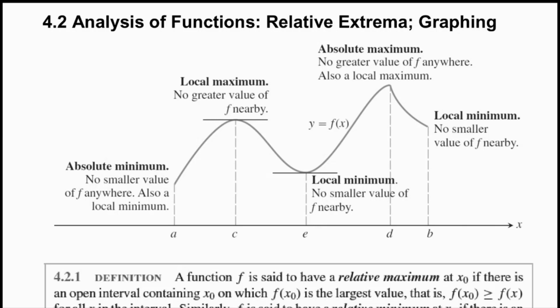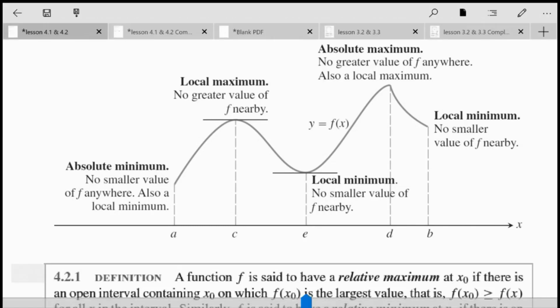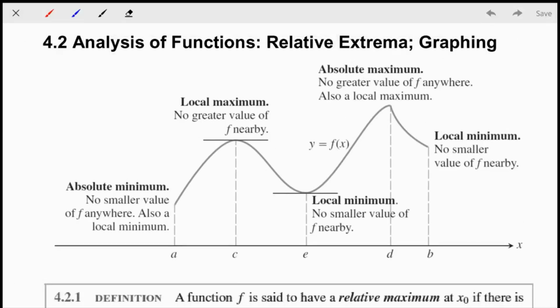I've got this diagram here that shows all the types of extreme points we're going to deal with. A maximum is going to be a high point, and a minimum is going to be a low point, but we have different types of each. A local maximum just means that if I look at the points in one region of the graph, I'm hitting a high point: the graph goes up and back down.